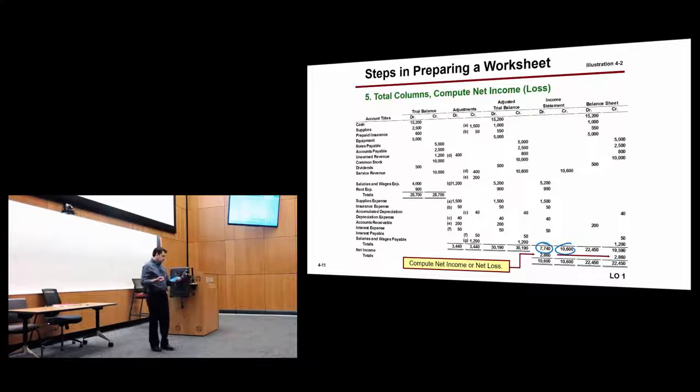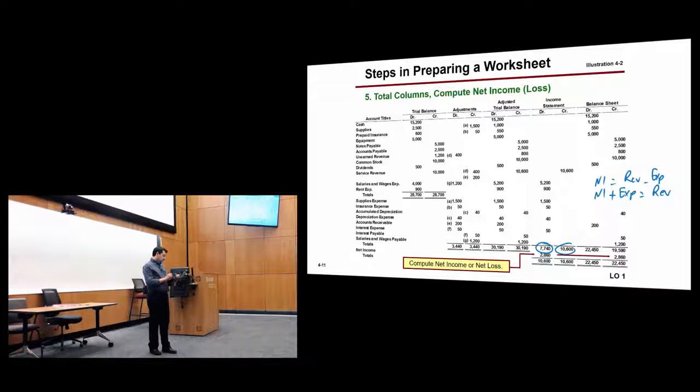What are we saying here? Basically, remember that net income is equal to revenues minus expenses, right? So net income plus expenses should be equal to revenues. Am I correct?